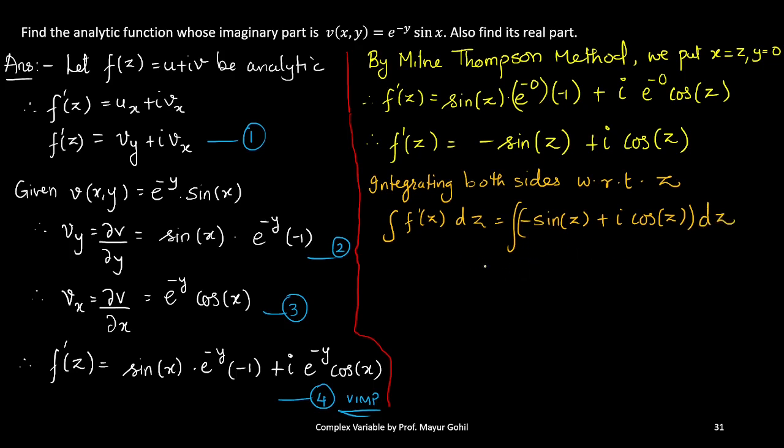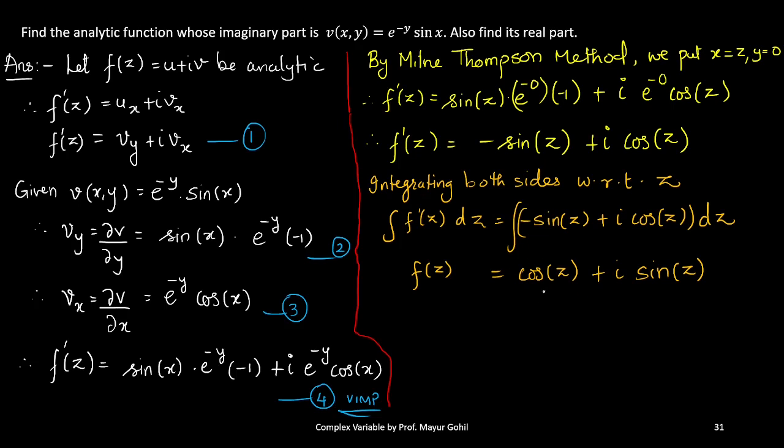When we integrate, on the LHS we will get f of z, and on the RHS, what do we get? Let us see. Integration of sin z is minus of cos z, so here it is going to become plus cos z, and here it is i times sin z. Okay, this is what we get.